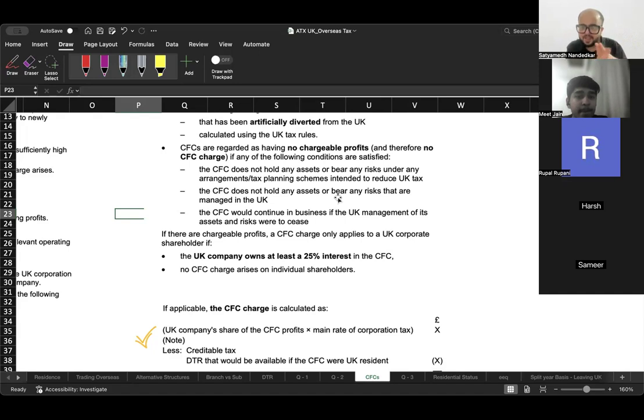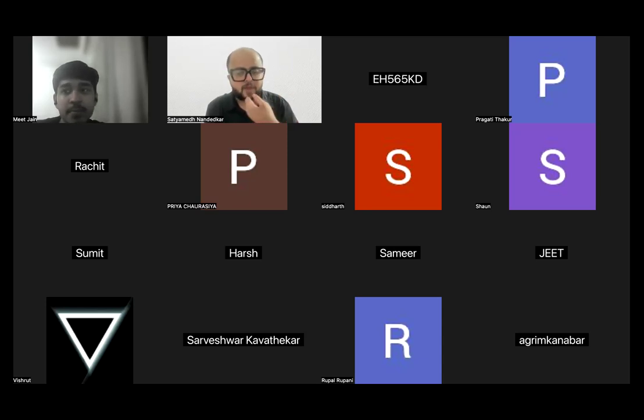It does not hold any assets that are managed in the UK, and the company would continue to function even if the UK management stopped controlling the company. अगर ये कंडीशन भी फुलफिल होता है तो भी देयर इज नो CFC चार्ज. अब अगर आप ICAI का एग्जाम लिख रहे होते तो इस पे देयर वॉज अ पॉसिबिलिटी ऑफ मेनी मेनी क्वेश्चंस, बट आपका ATX का एग्जाम है तो आई डोंट फोरसी these three conditions getting tested anywhere in the paper.